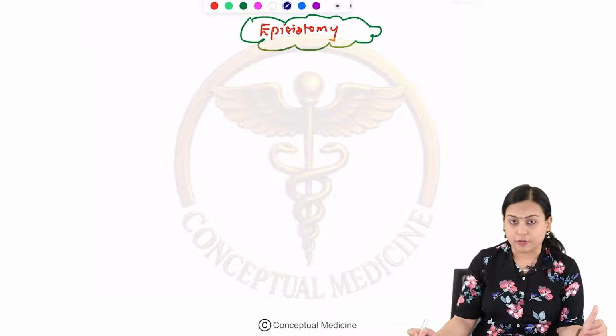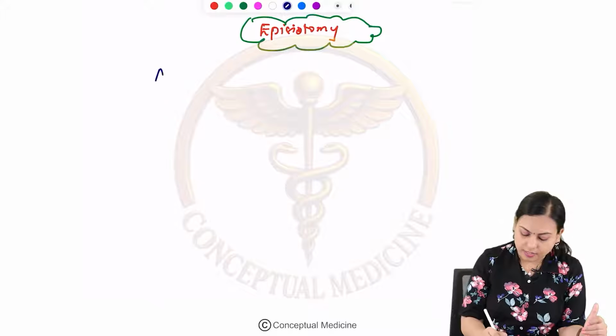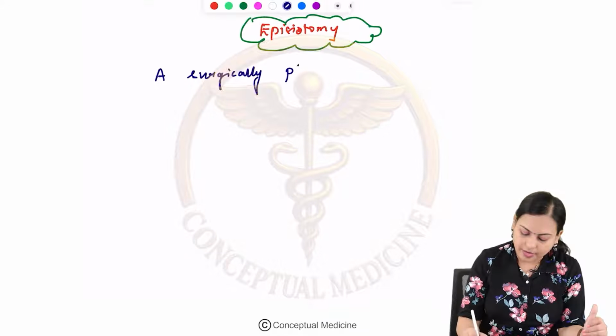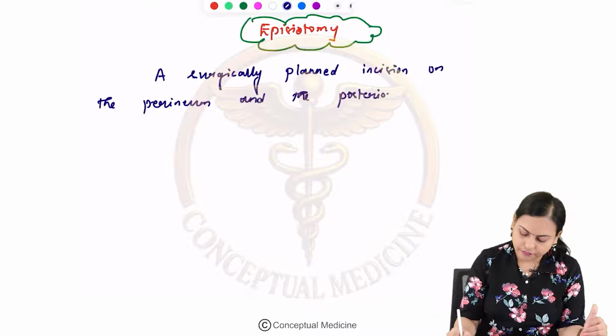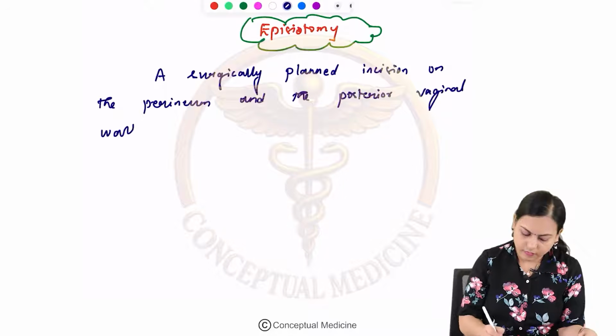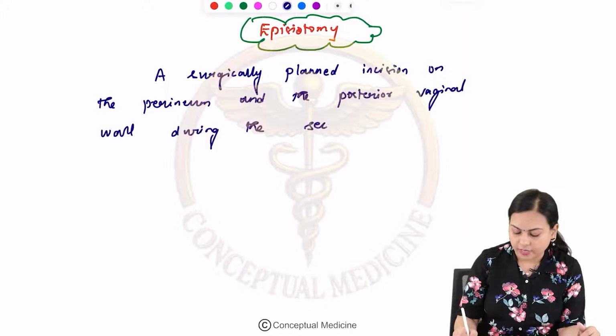So what is episiotomy? Episiotomy is a surgically planned incision on the perineum and the posterior vaginal wall during the second stage of labor.